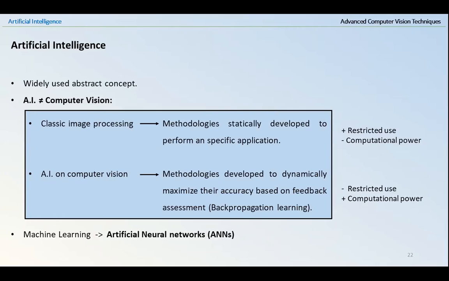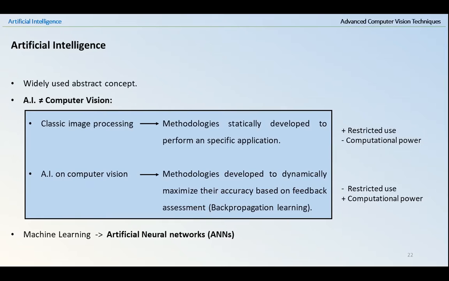And what does applying artificial intelligence methods to computer vision mean? Artificial intelligence methods are designed to maximize the effectiveness or accuracy between input data and output results. AI methods don't care about images, lighting variances, filters, masks, color, whatever. They just want input data to compute a result.